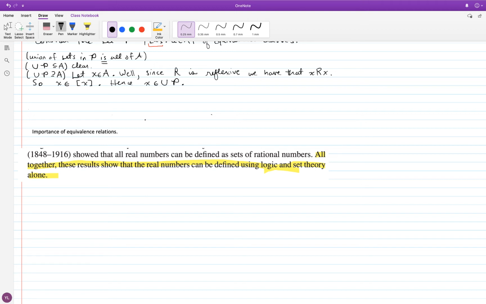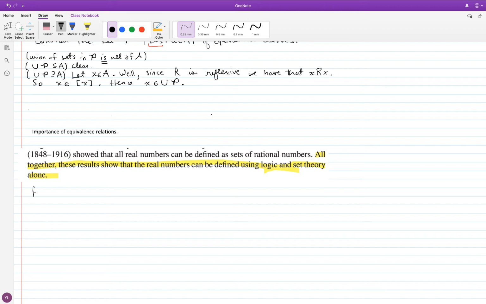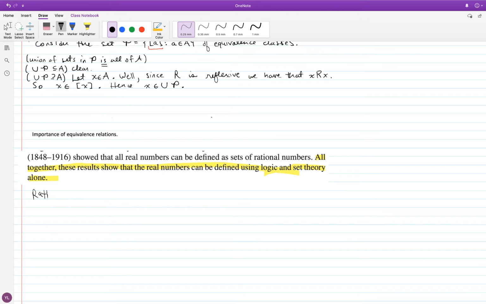So using equivalence relations, you can define the rational number set from Cartesian products of integers, which we've already talked about. So let's go through the construction of the rational numbers as equivalence classes.